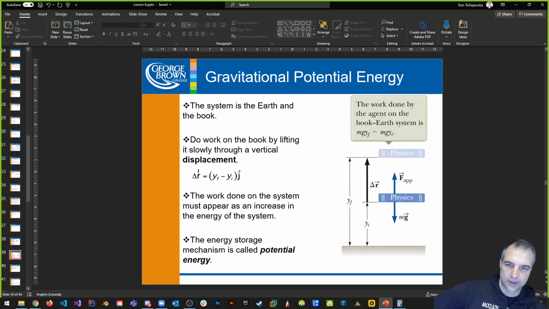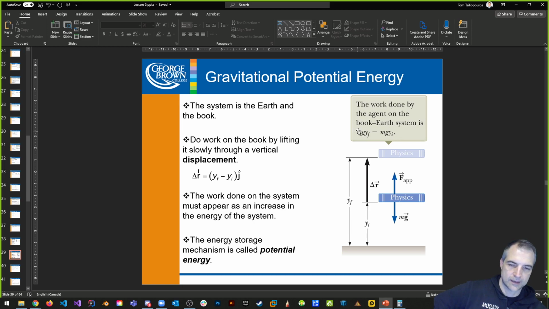But what about gravitational potential energy? We just talked about potential energy. If I take a physics book, as an example, and I lift it a certain distance from the ground, what we say is, as I lift it up off the ground, I can say that the potential energy, because it's energy of a position, is mgy final minus mgy initial, right?